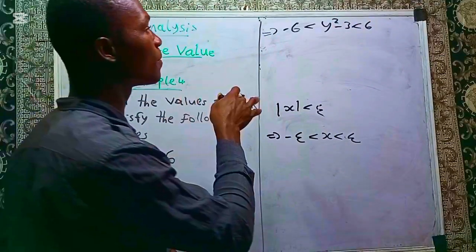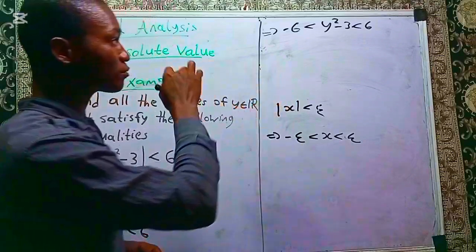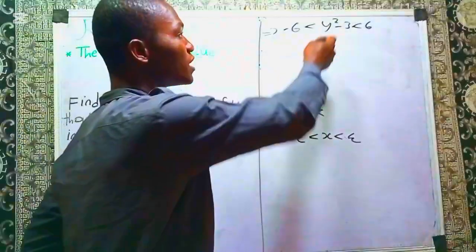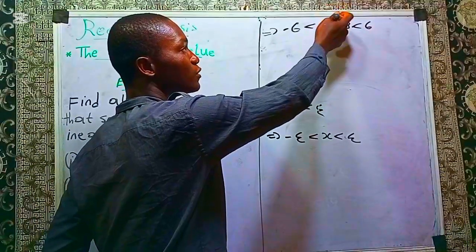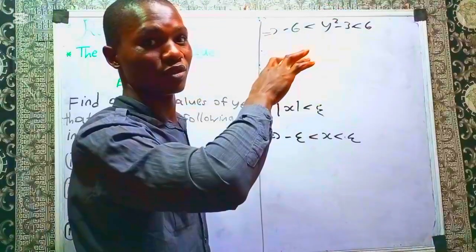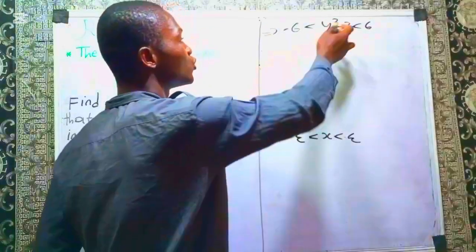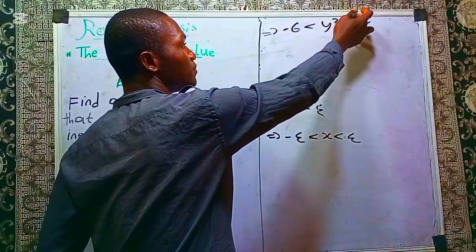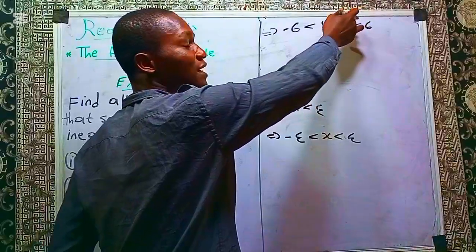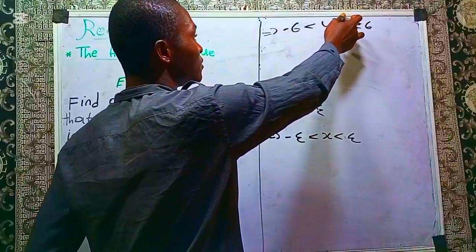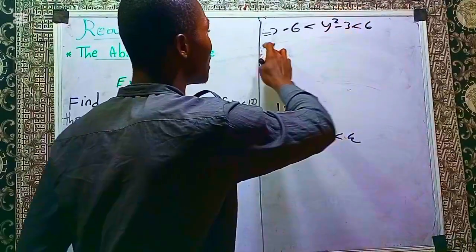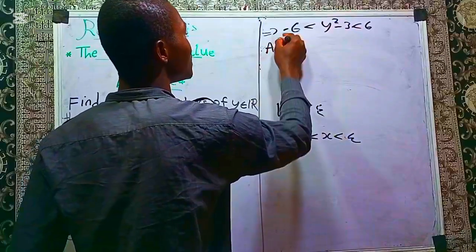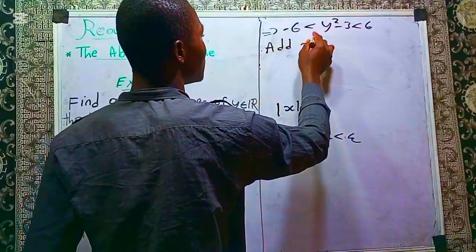So before we continue, we need to get y at the middle. For us to get y at the middle, we try to eliminate this negative 3 here. So how do we eliminate negative 3? We add positive 3 to both sides.